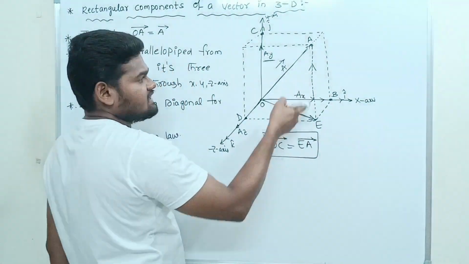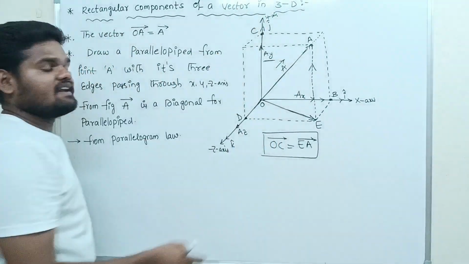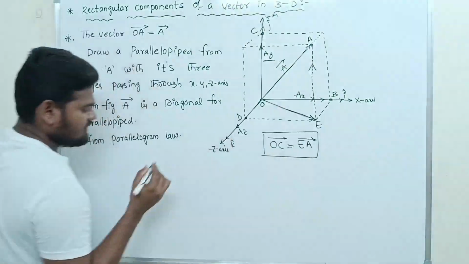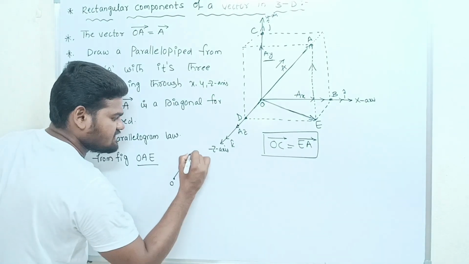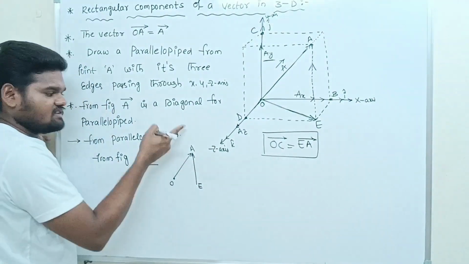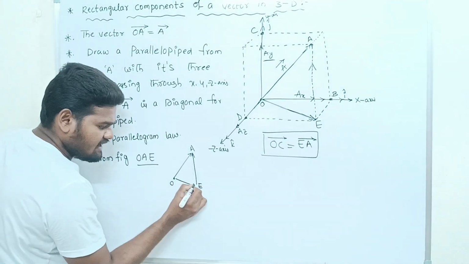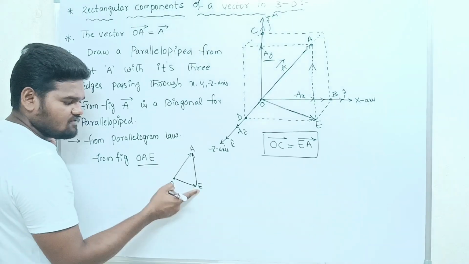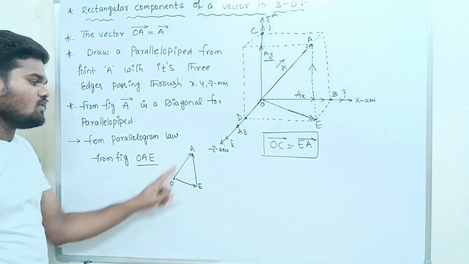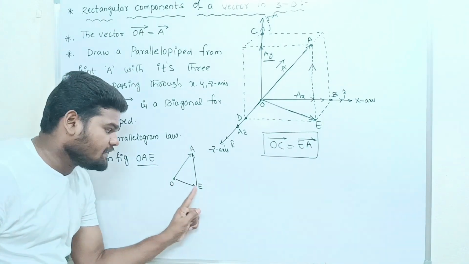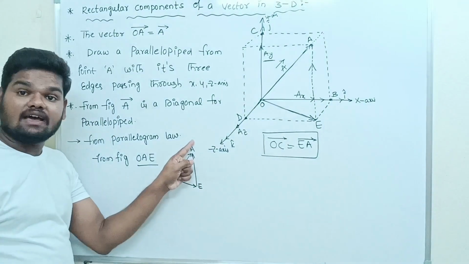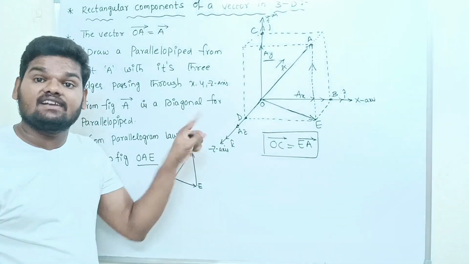Its direction is upward. So have a look: this is O, this is the direction of OE, this is the direction of EA, and this is OA. OE and EA are both in order, and OA is in reverse order.